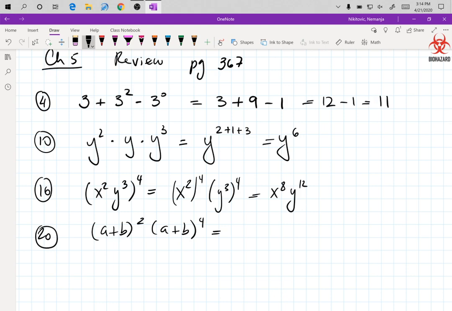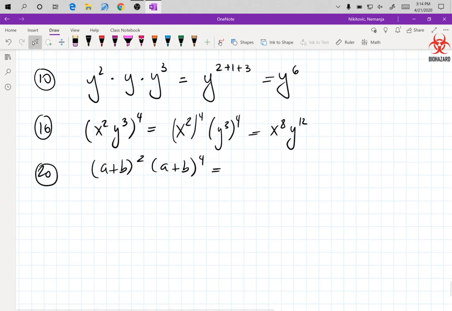Okay, so a plus b stays the same because both bases are the same, right? A plus b. And the exponents add to 6. That's it.